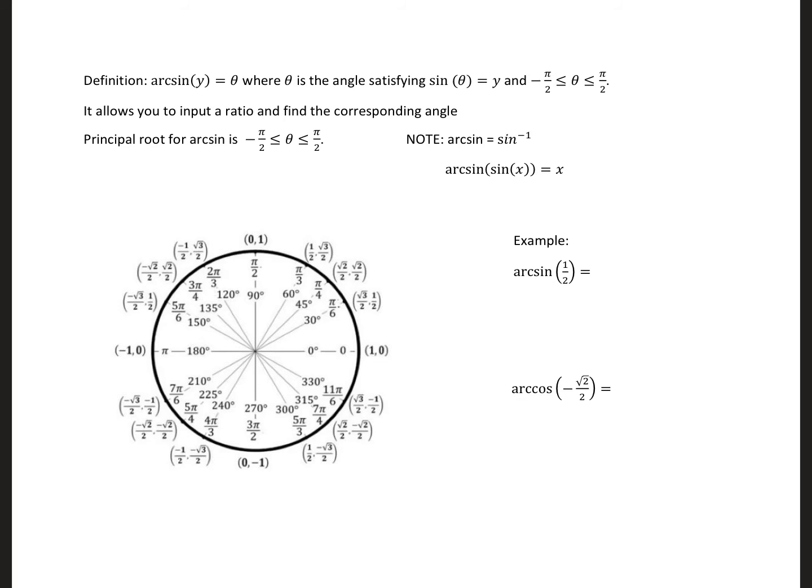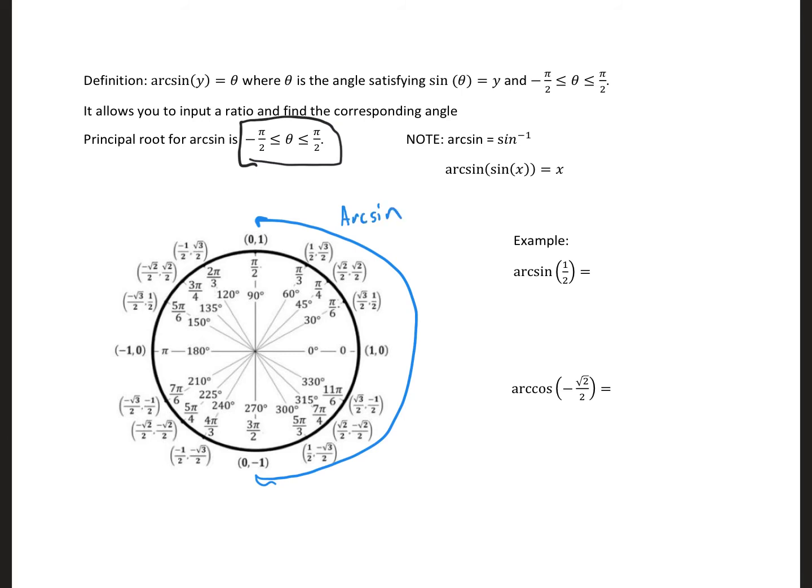Arc sine will do the same thing. We're going to do arc sine of some y-coordinate and get out a theta. What's different is the principal root. It's negative pi over 2 to pi over 2. That is referring to this region. So this is where we're looking for arc sine.